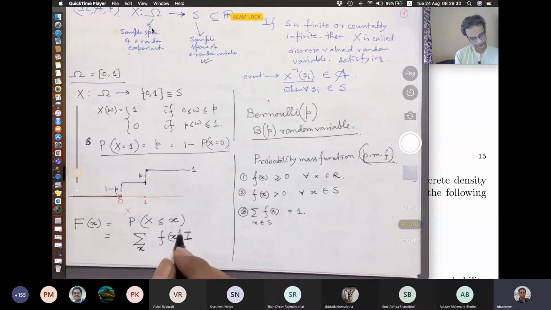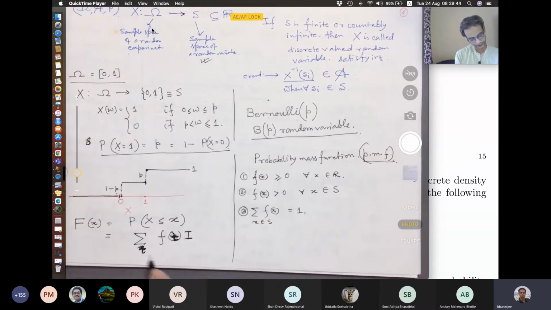So let me change the notation. Let me call it t. Sum over t, and t is less than or equal to x.